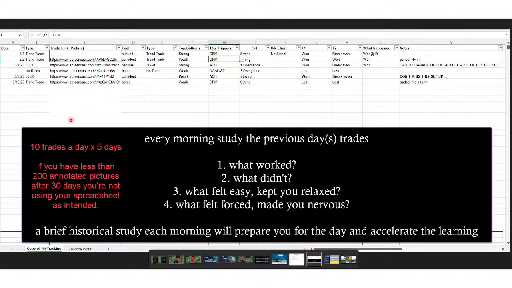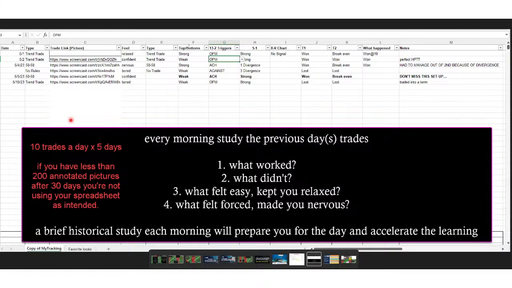Win, lose, or draw, guys. It's important that you do everything. Fight the urge to not take pictures of losers. Fight the urge to not annotate the charts when you're not taking winners, because I'm going to tell you, the losers that you post, the pictures that you take, this is where the magic happens. There's so much more to be learned from making a mistake than there is from doing it right.